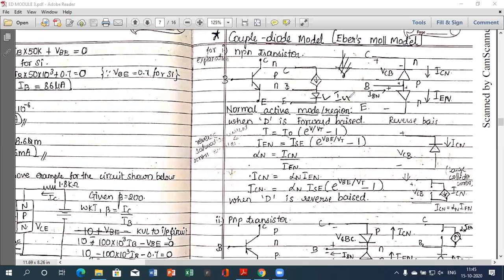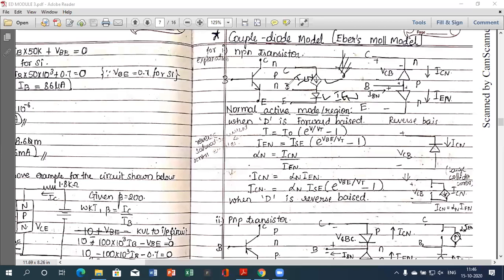Here this is the current source, which replaces the reverse biased diode, and the current across it we call ICN. This is the equivalent circuit of the transistor operating in normal active mode.